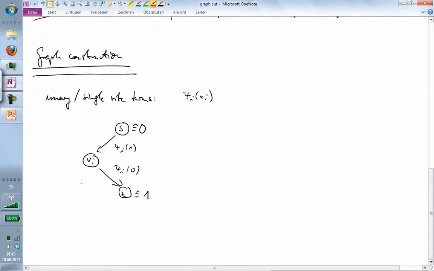And if, for example, I cut here, then the cost of this cut, there's just a single edge from source to sink traversing this cut.